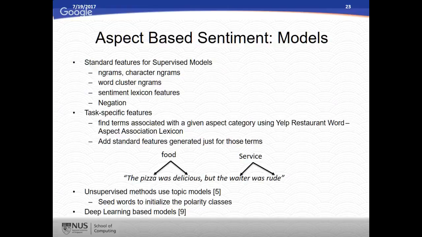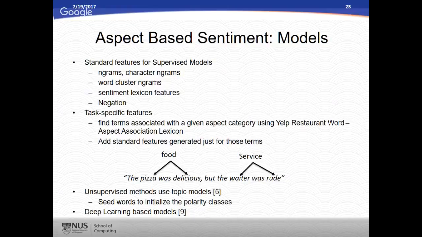For example, delicious can be a word associated with food, but delicious is probably not going to be associated with a movie, right? If you have training data like that, then you can come up with this very easily: if someone says the pizza was delicious, then you can say the pizza is food and not a movie. And also, the waiter was rude. Food cannot be rude, right? Only some service person can be rude. So you can understand that this is talking about service.